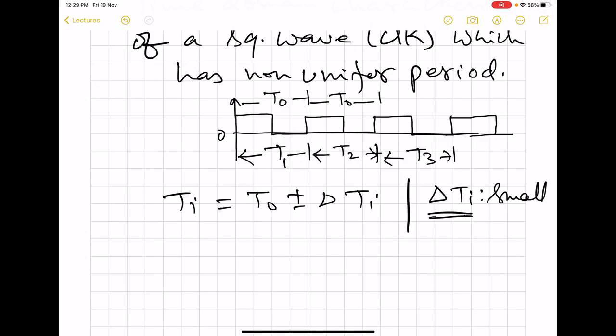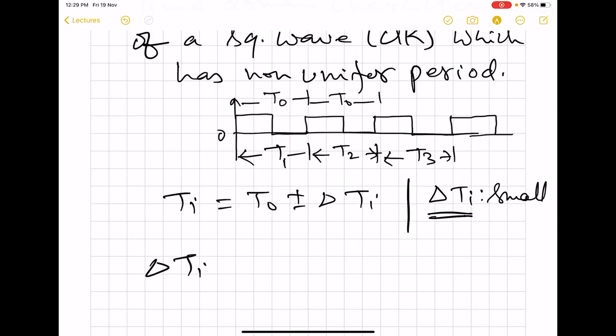And this deviation of the period, or of the falling or rising edge, from the ideal location could be either because of random phenomena, or because of a deterministic signal. So whatever may be the case, this deviation is always unwanted, and this will always be described by jitter.